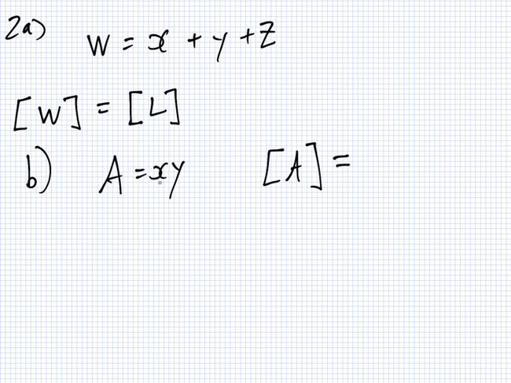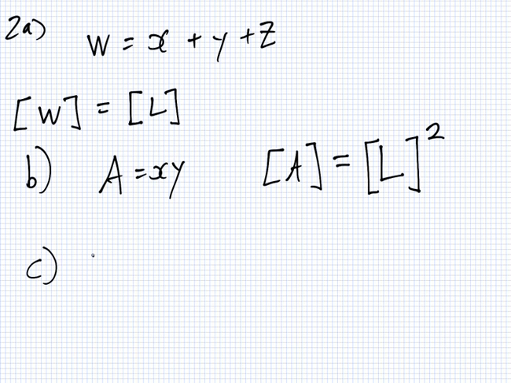Now, quantities of different dimensions may not be added or subtracted. So, of course, it's ridiculous to say something like 5 meters plus 6 kilograms. That does not make any sense. So you cannot add or subtract. However, you can multiply or divide.